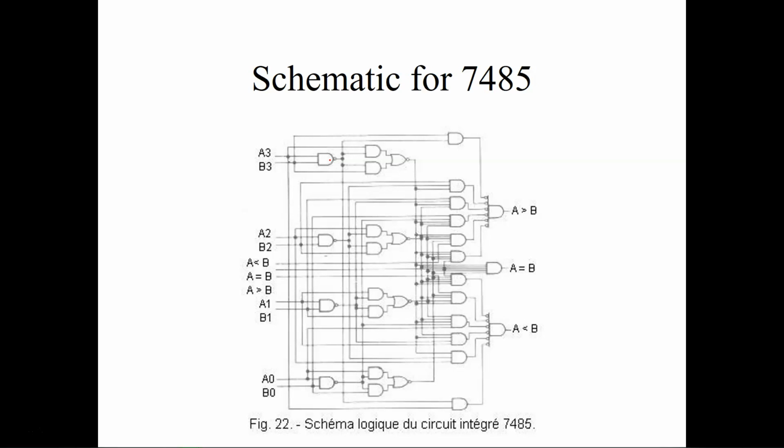So this guy right here is actually a NAND gate, right? How can I tell? Because he's an AND, but he has an inverted output. I know that because of this little bubble right there at the tip.